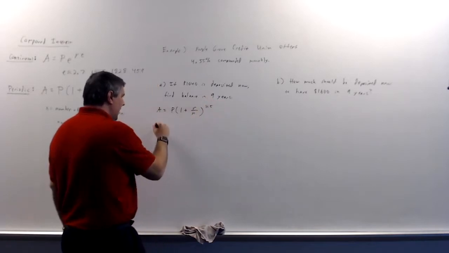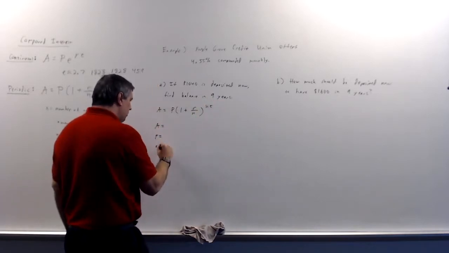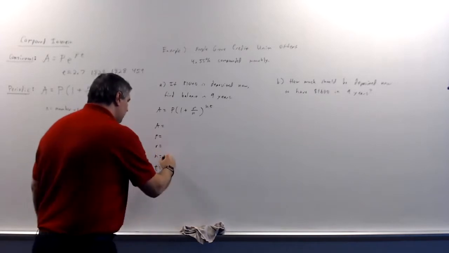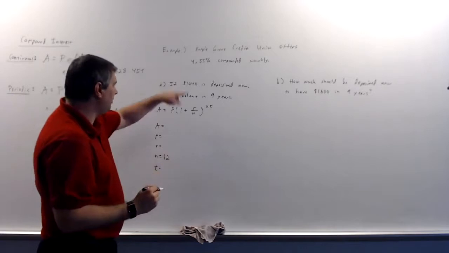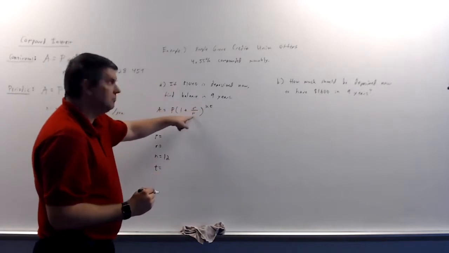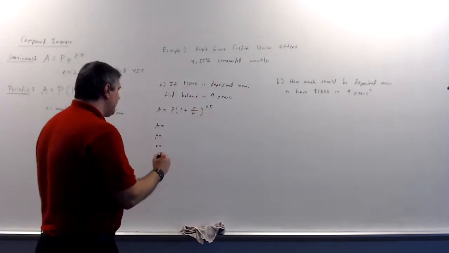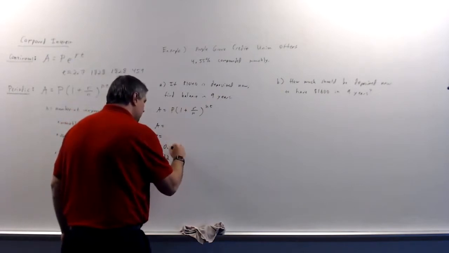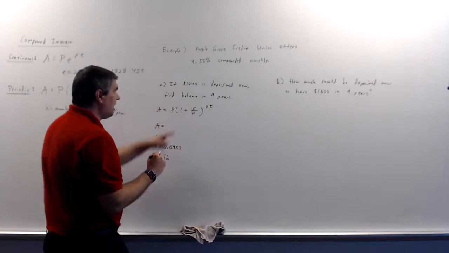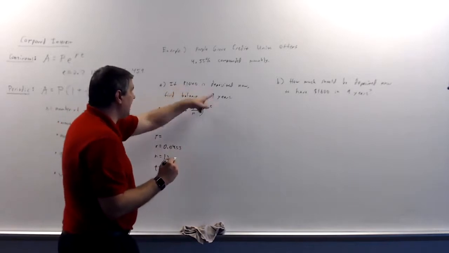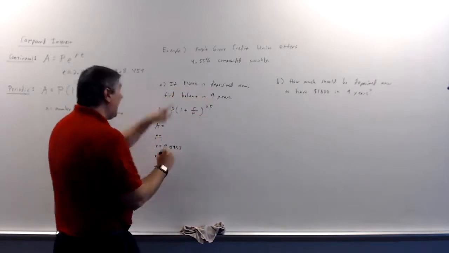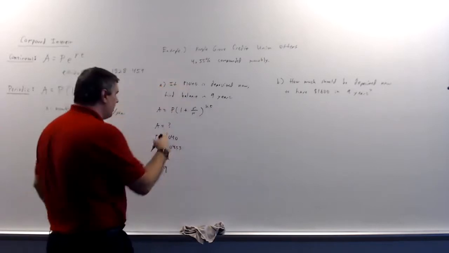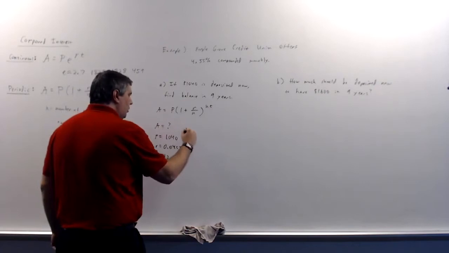So A equals, P equals, r equals, n equals, and t equals. n is 12, it's compounded monthly. The rate is 0.0455. Time is 9 years, and we're starting with 1,040. We don't know what the accumulated value will be in 9 years. That's the question.